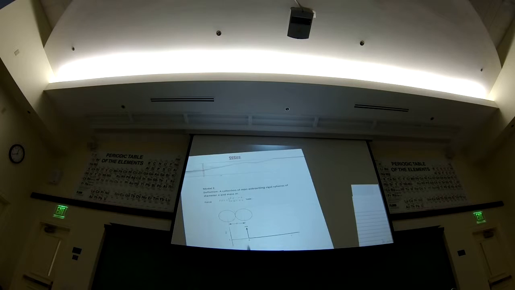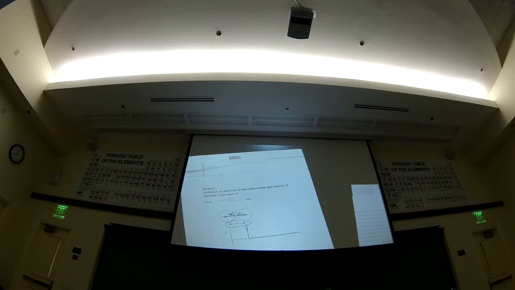Force law. Well, how close together can they come? They're in contact there. That's the closest they can get. This distance from here is a radius, that's sigma over 2. The distance from here is a radius, that's sigma over 2.